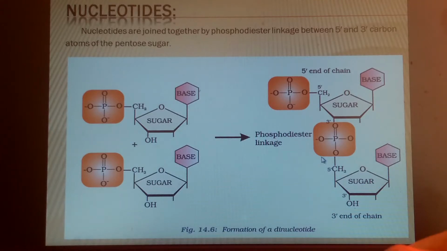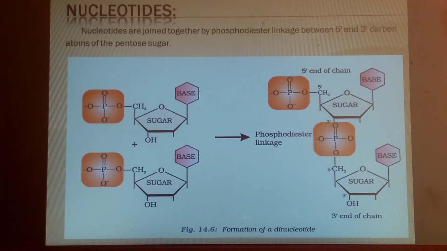If there are 3, then it is a trinucleotide. Likewise the bonds are going to increase. So many nucleotides join to one another to form a nucleic acid here. I hope it is clear.